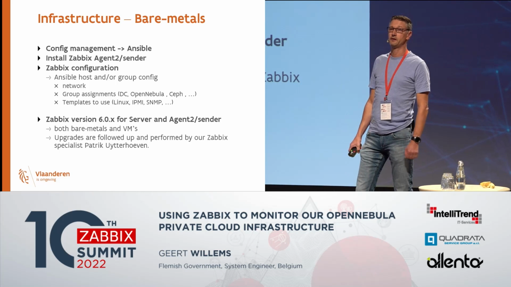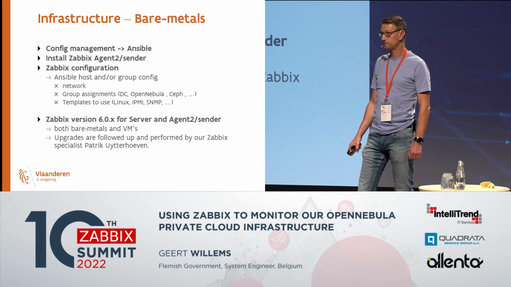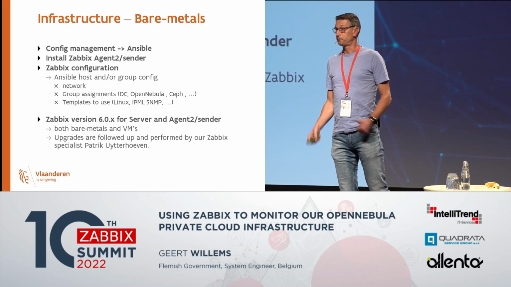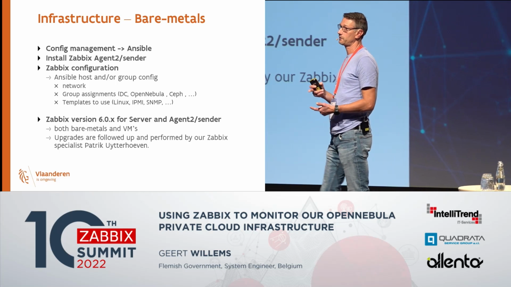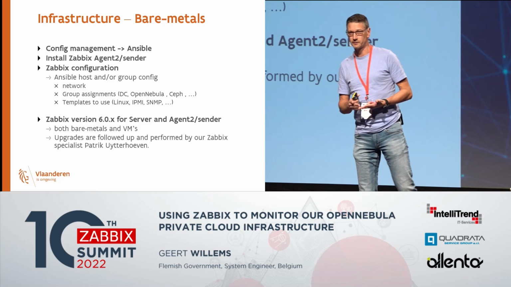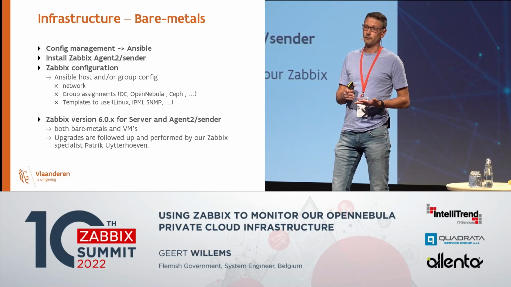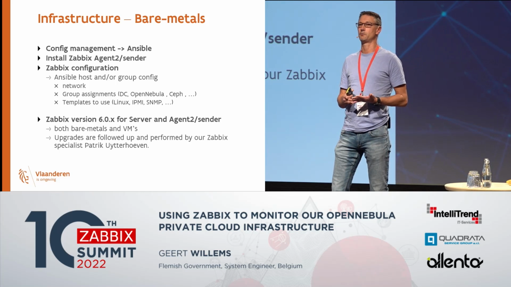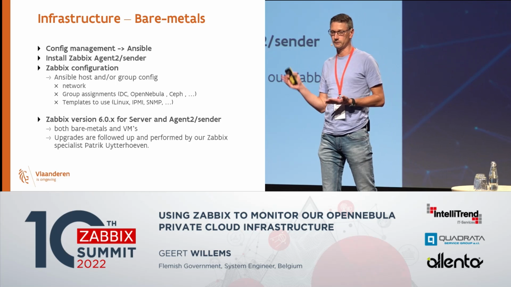Currently, we are using Zabbix version 6.0 for the server as well as for the agent and the sender packages. And this is done for the bare metals as well as for the virtual machines later on.